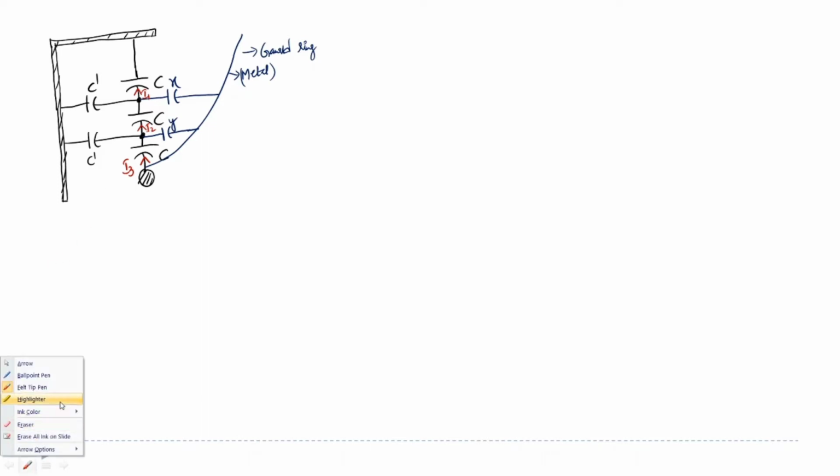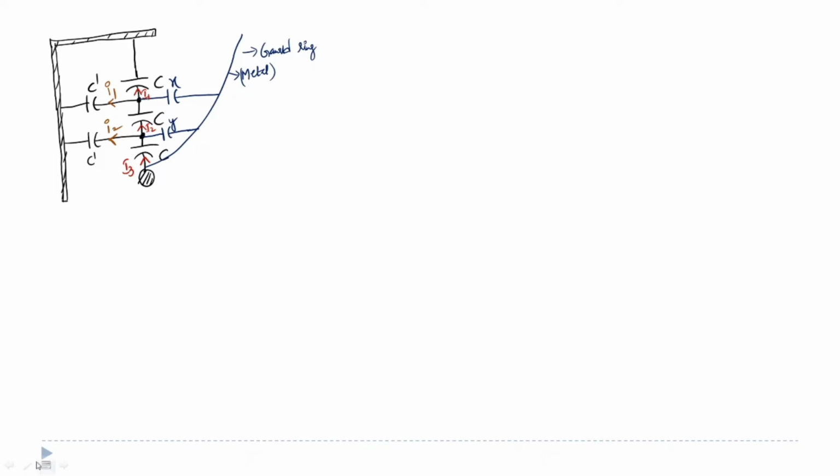Similarly, you also have other currents. One thing you need to understand: these currents are from the metallic link to the metallic support, and these currents are from the conductor to the metallic link. So this current I assumed as I2, and this current as I1.